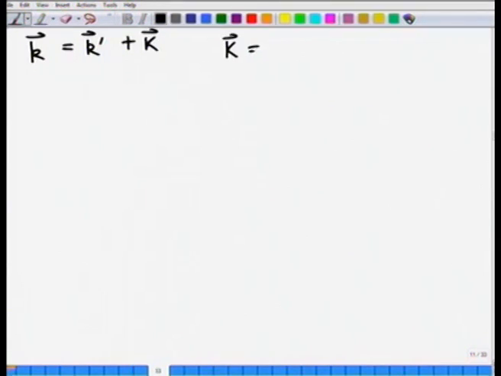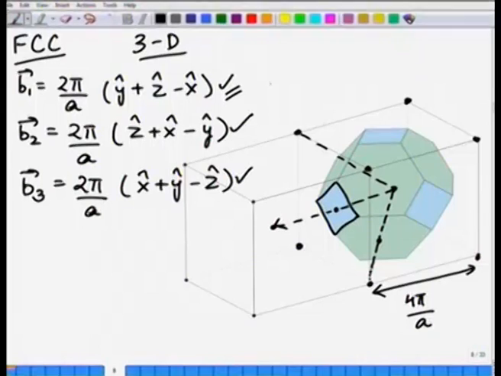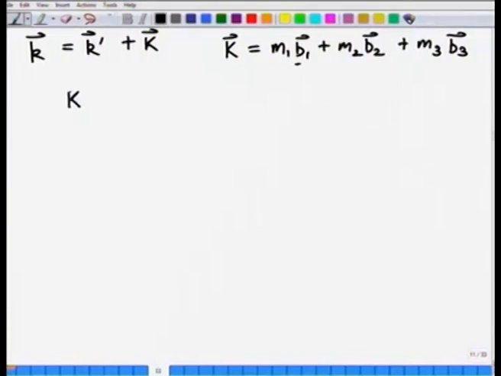That capital K vector is m1 b1 plus m2 b2 plus m3 b3. Let's expand it out by substituting b1, b2 and b3 from right here. If you substitute in there, for FCC you get 2 pi by a times the following: let's substitute the value of b1, b2 and b3 vectors.